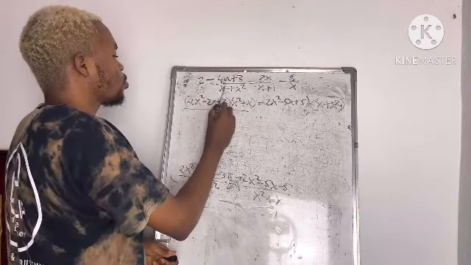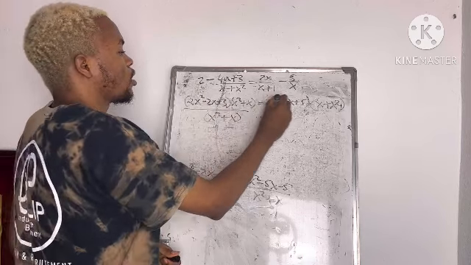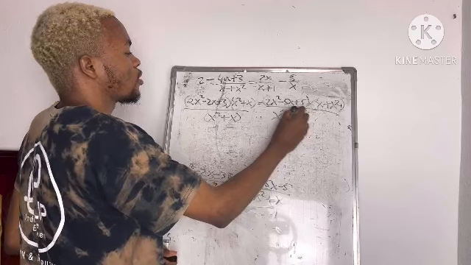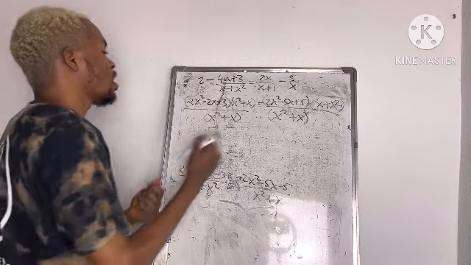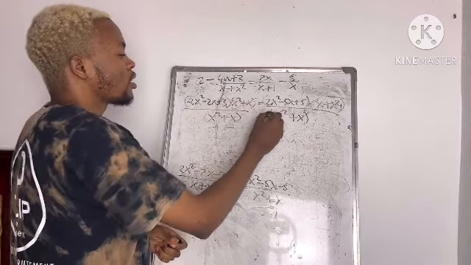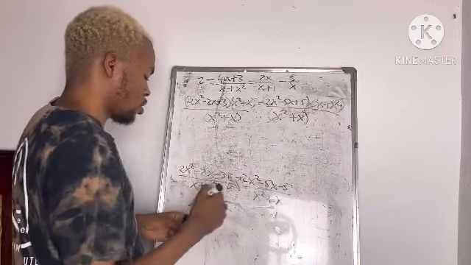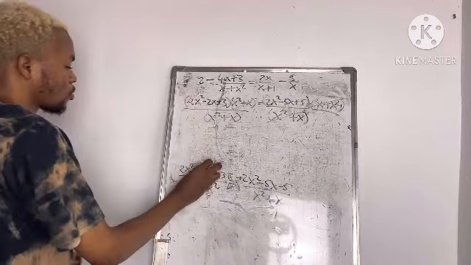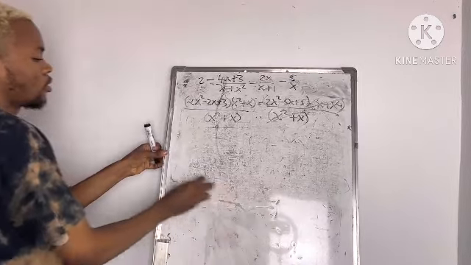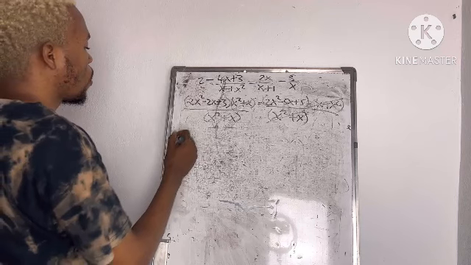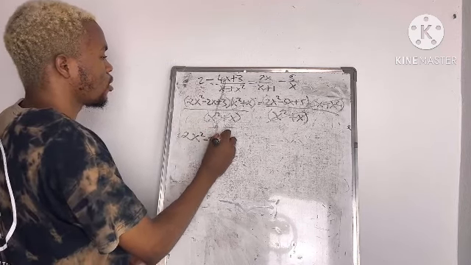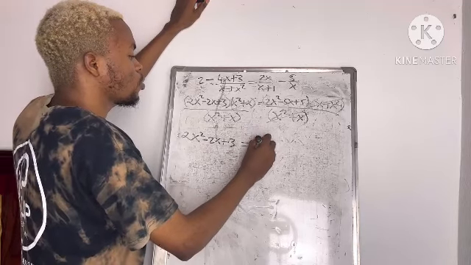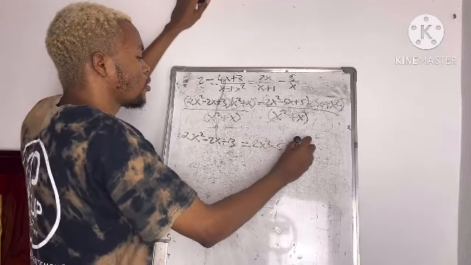You divide this by x squared plus x and you divide this by x squared plus x. So x squared plus x cancels out on both sides, in such a way that we are then left with 2x squared minus 2x plus 3 equal to 2x squared minus 5x plus 5.